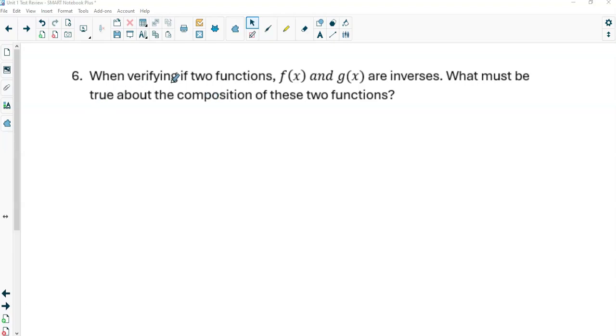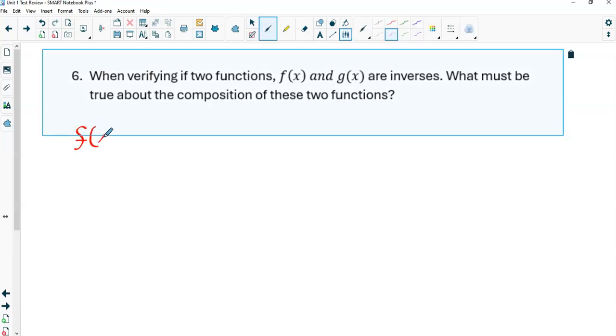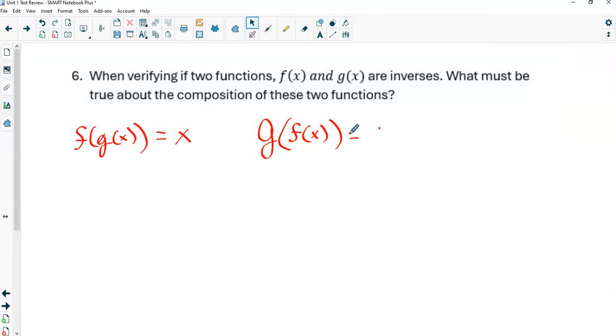Okay, number 6. When verifying if two functions, f of x and g of x, are inverses, what must be true about the composition of these two functions? Remember this. In order for these two to be inverses, what must be true is that when I put g of x inside of f of x, that means f of g of x must equal x, and g of f of x must equal x.